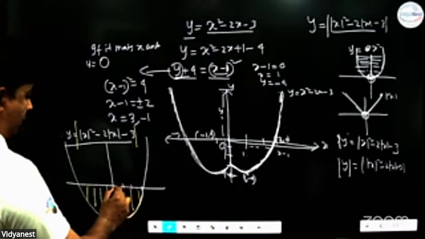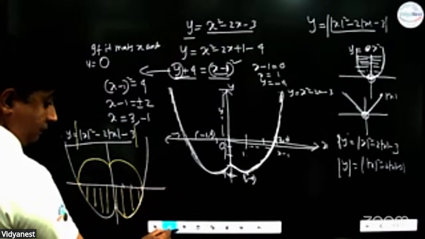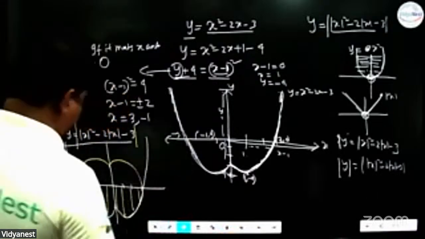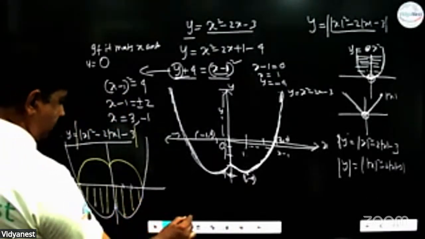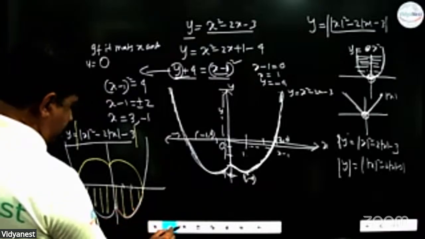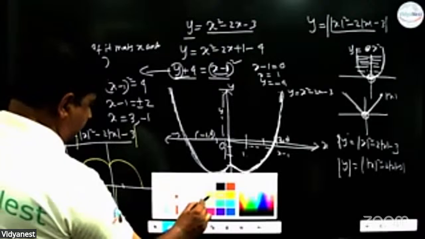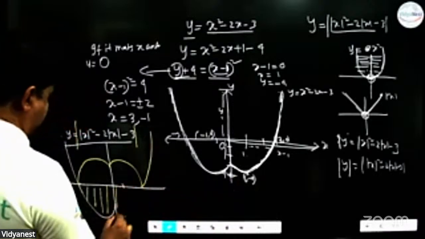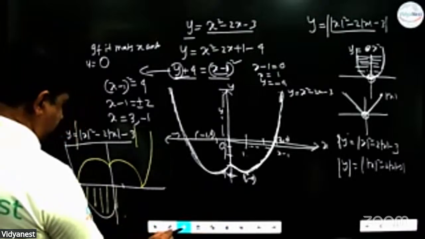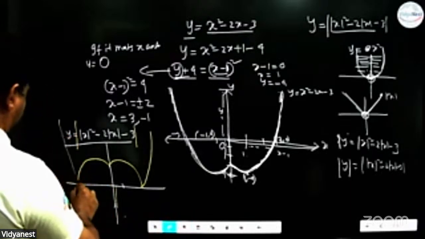This part will become this part, this part will become this part, and understood?